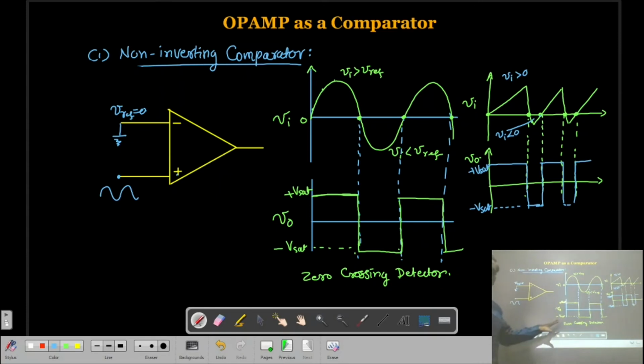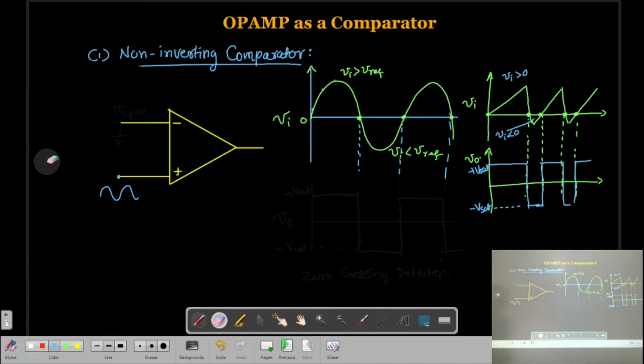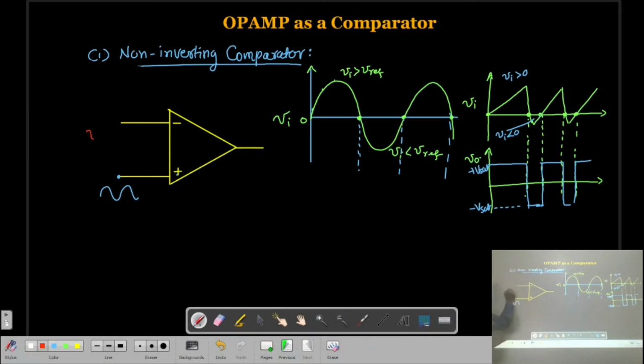Now in this example, we have considered my reference voltage is 0. Now if the reference voltage is, let us say, plus 2 volt, then what will be the change in the shape of the output signal? Remember, here we applied a reference voltage of plus 2 volt.